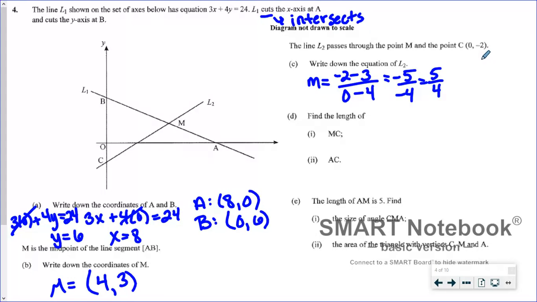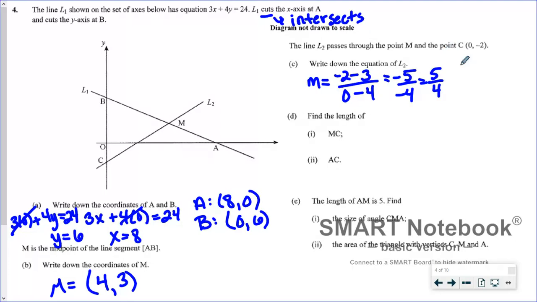It's fine, no big deal, works the exact same way. m is still your slope, c is your y-intercept. Sometimes, in fact more often than not, they request that you write it in standard form. So they'll say ax plus by equals c, or sometimes they even do ax plus by plus c equals 0.